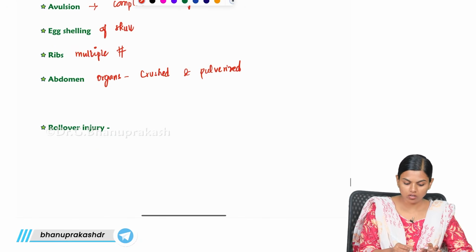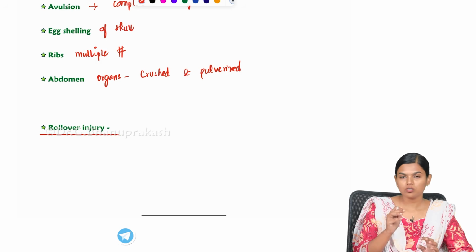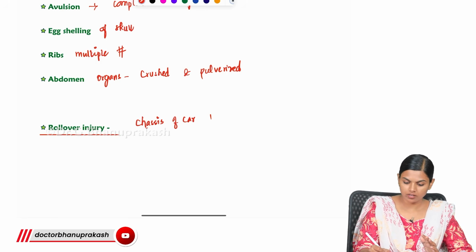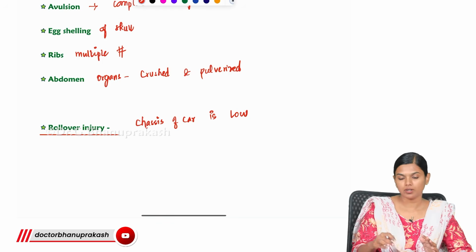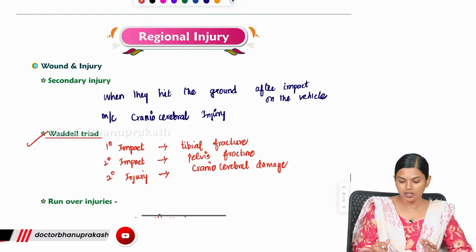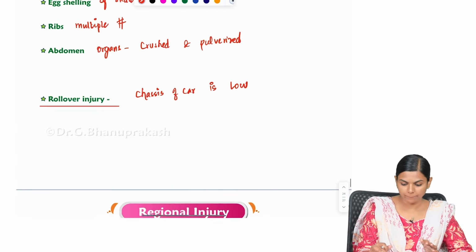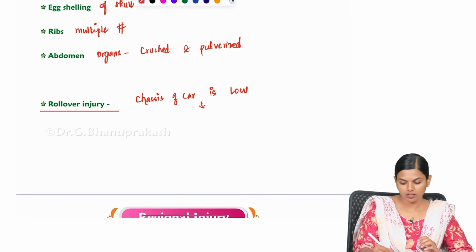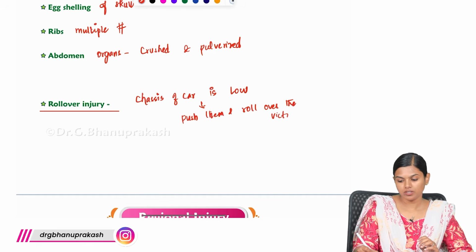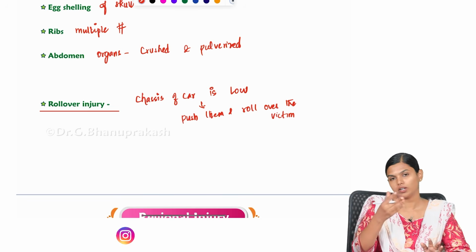There is something known as rollover injuries. In rollover injuries, if the chassis of the car is really low, the car will push the victim and roll them over on the ground.